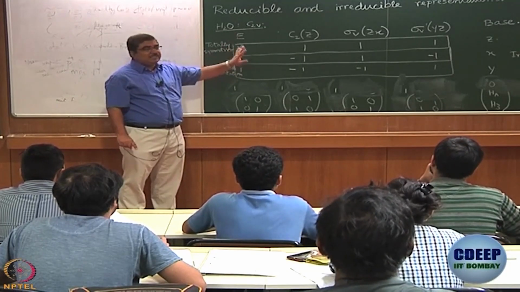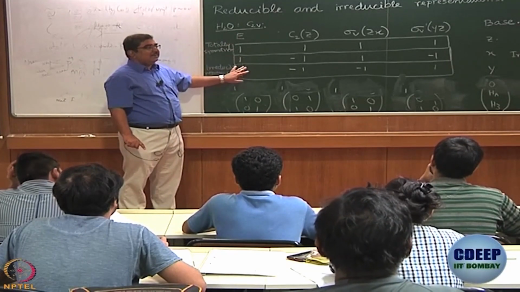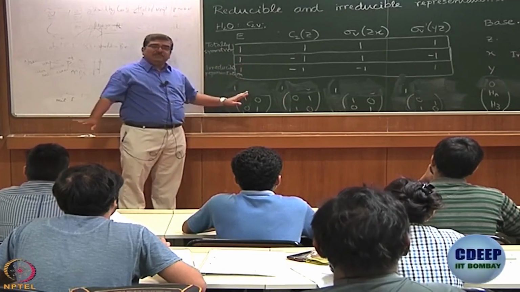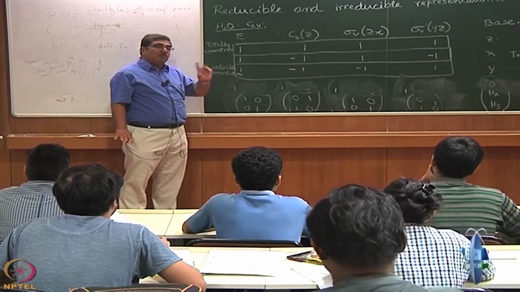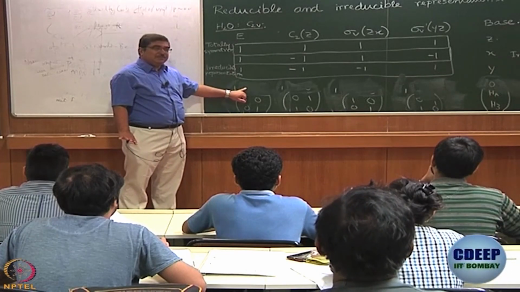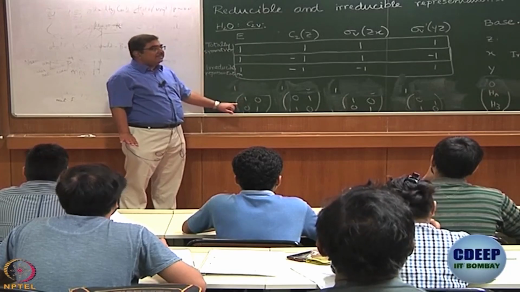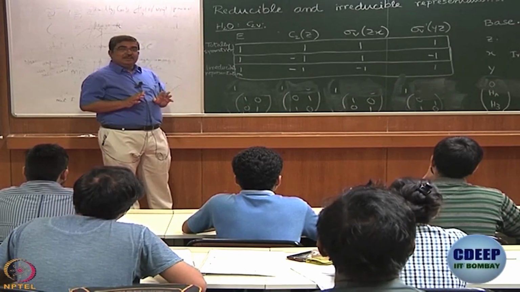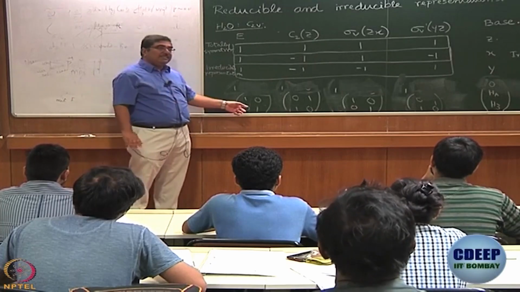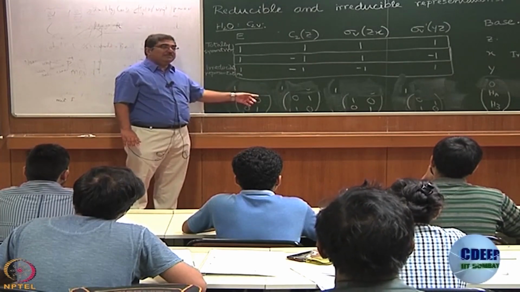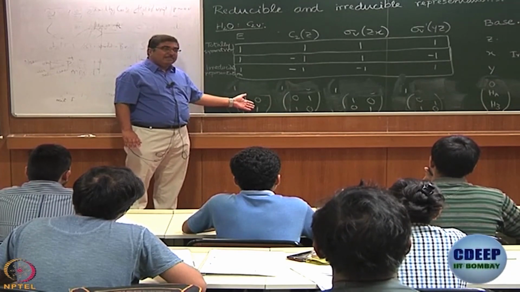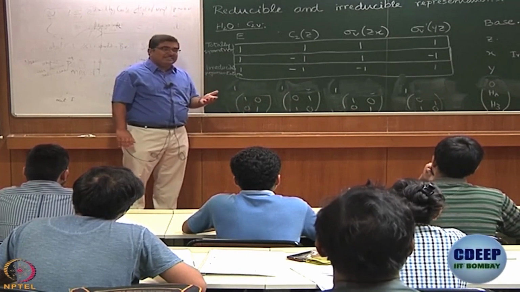When we use XYZ, we get some nicely reducible representation which breaks down into 3 irreducible representations. But when I use O, HA and HB, I get one irreducible representation for sure, but I get another representation that is two-dimensional. At this stage, I have no idea whether this two-dimensional representation is reducible or irreducible. From the look of it, it is irreducible, right? But that just doesn't sound right, isn't it?